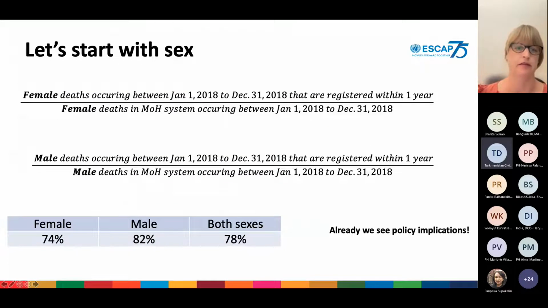So let's start with sex, because that's often a source of data that is readily available. So in this example, I chose the year 2018 because a 1-year delay would have put you into 2019. But if I had chosen, say, 2019, a 1-year delay would have put you into 2020, which might have caused some complications for registering deaths, particularly if the civil registry was closed or access to services were closed due to COVID lockdowns.